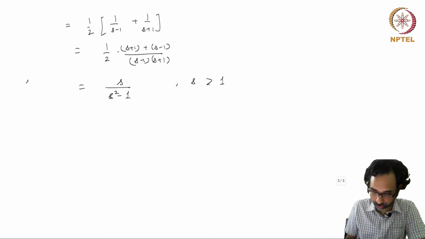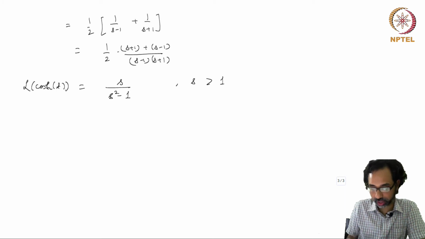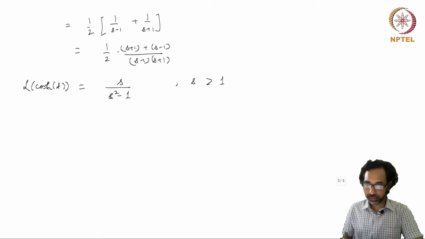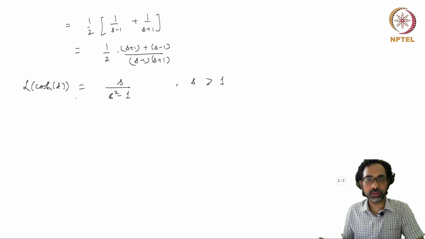So this is the Laplace transform of the function hyperbolic cosine t. So we see that this linearity property helps us compute the Laplace transform of more functions.